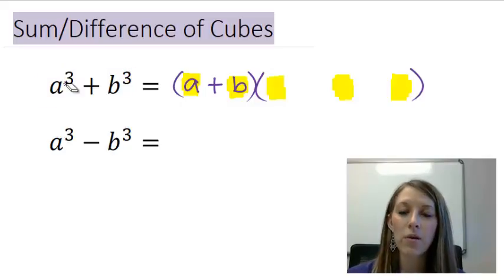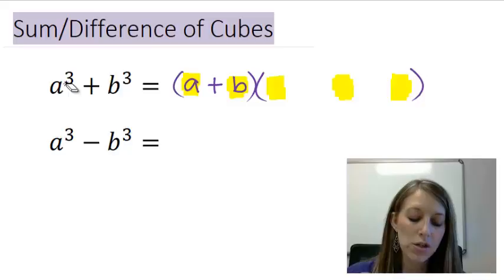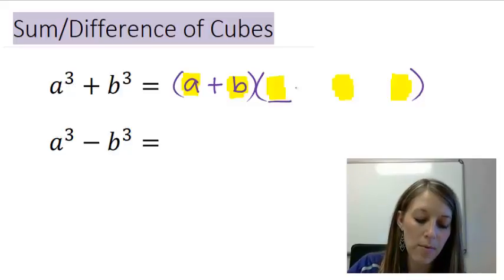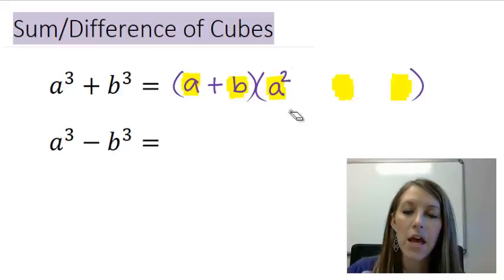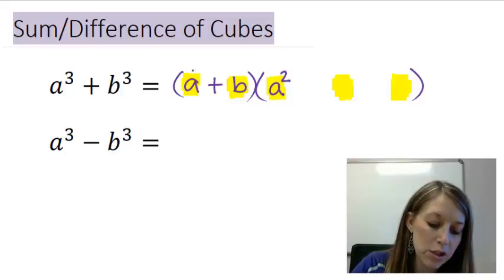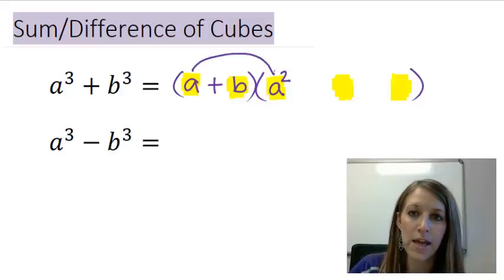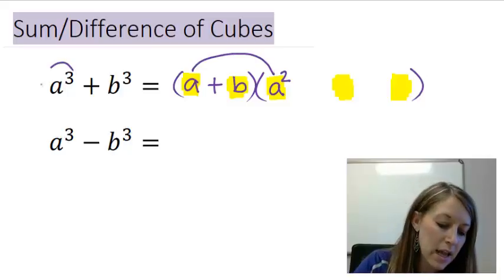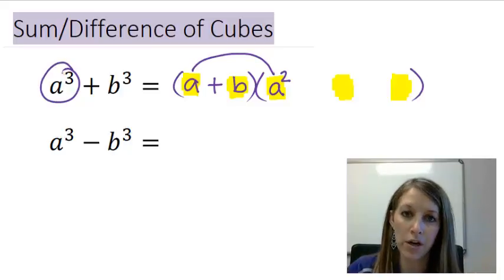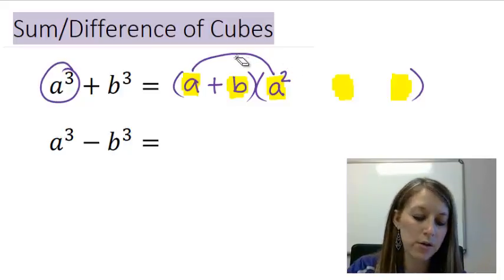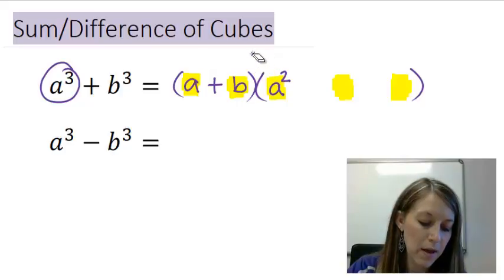Now I need to figure out what goes in the long set of parentheses. So in my first term, I'm going to put my first guy, which is a, and I'm going to square it. The reason that I'm going to put a squared there is because I need to multiply my first two terms, a times a squared, to give me my first term over here. So a squared goes in your first place there.